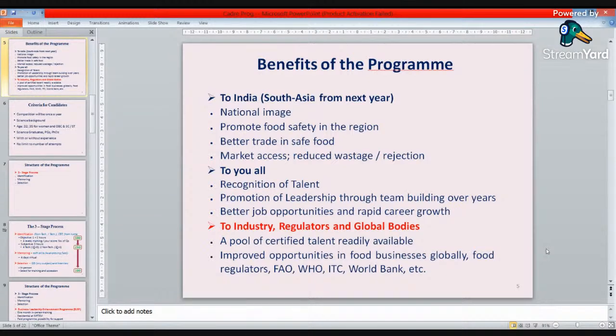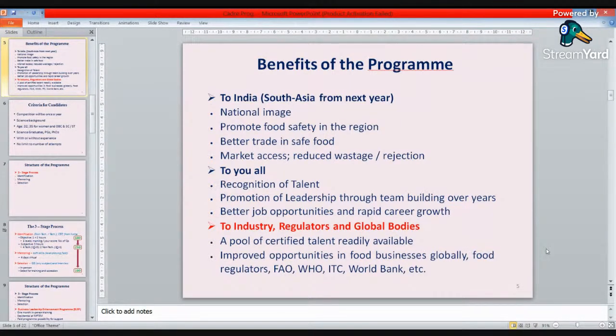World Bank needs several of you, several food safety experts everywhere in the world. They have programs everywhere, including Nepal. I know World Bank has a branch there. They have a program called the Global Food Safety Partnership, GFSP.